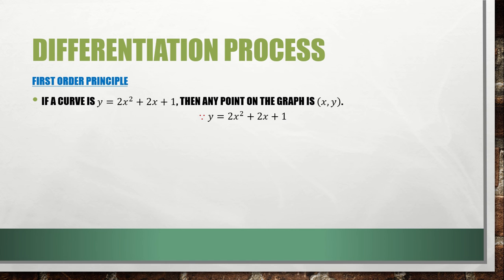But we know that y is equal to 2x squared plus 2x plus 1. So the first point we shall have is (x, y). But we said we are working heavily with the independent variable, which is x. So we shall substitute for y and have our statement in terms of x. This is what I mean. So my first point is P, which is x, comma, and the rest is y: 2x squared plus 2x plus 1.